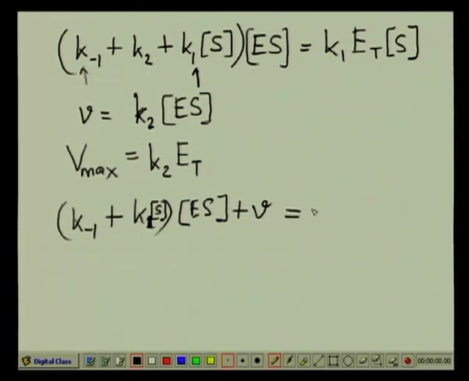We still have K1 ETS. Now, if I multiply both sides by K2, I can put a Vmax form here.